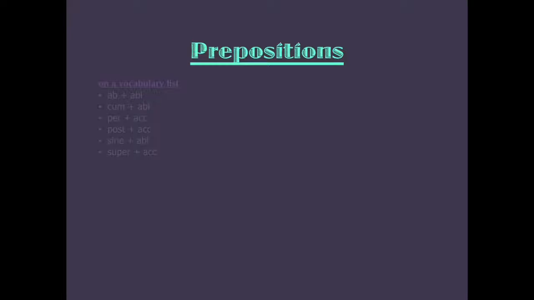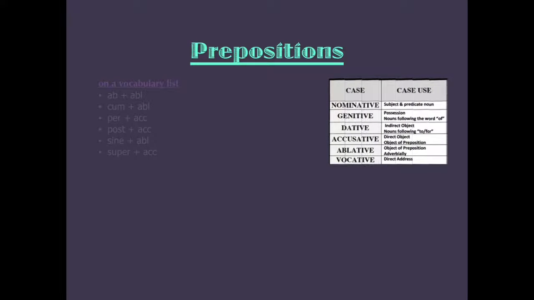You'll remember by looking at your noun chart that every preposition must be followed by the accusative case or by the ablative case. Which one we choose is not up to us. That information is provided on the vocabulary list. You could also choose to commit to memory all those prepositions that require the ablative case.